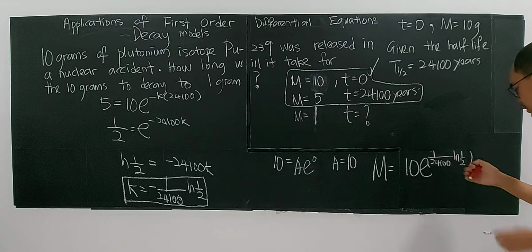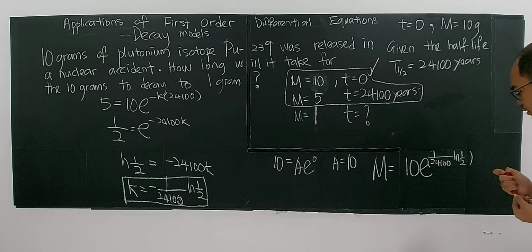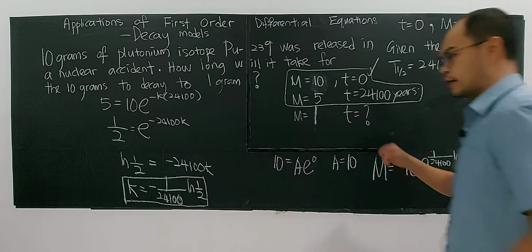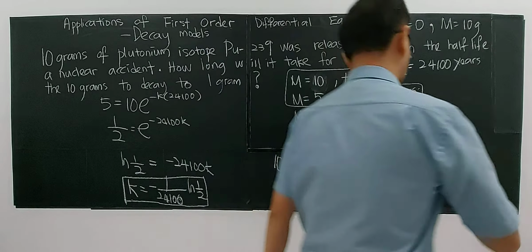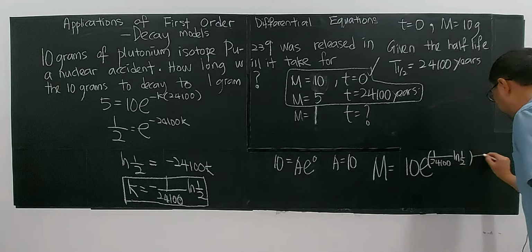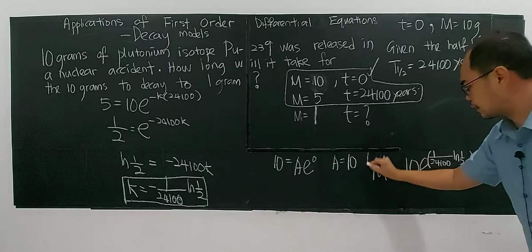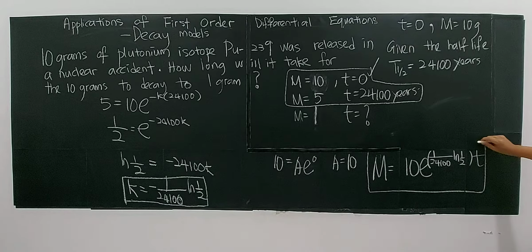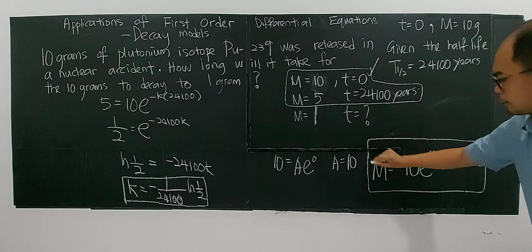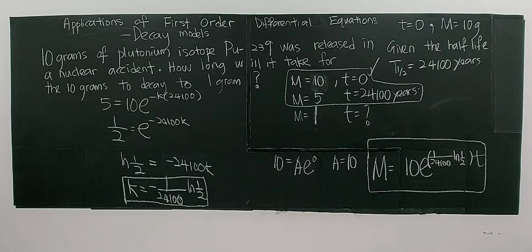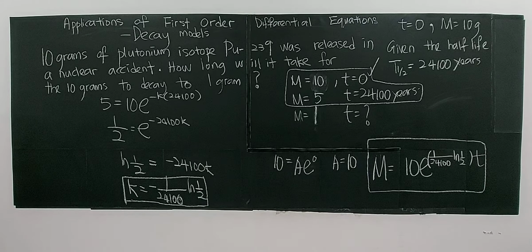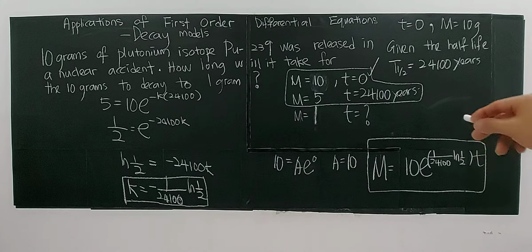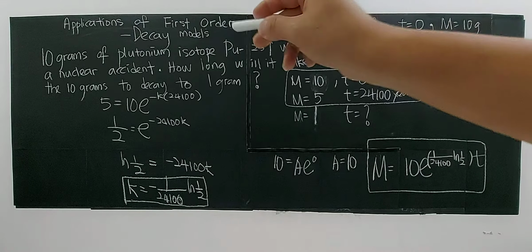This is the decay constant, multiplied with t. This is the formula for the plutonium with an initial mass of 10 gram, the formula for this incident.